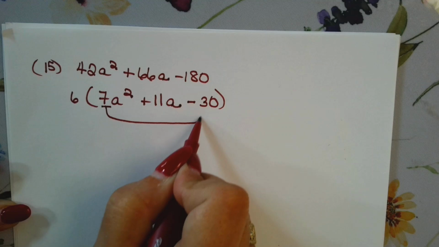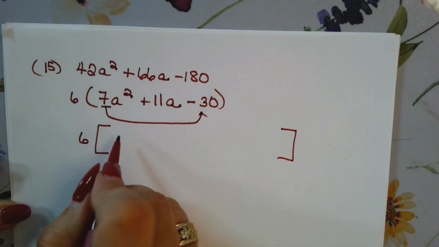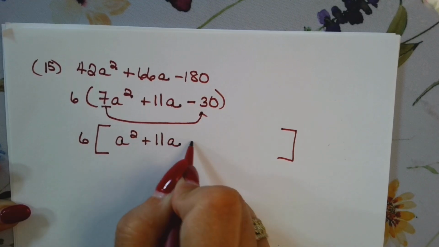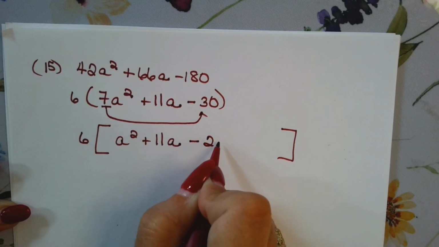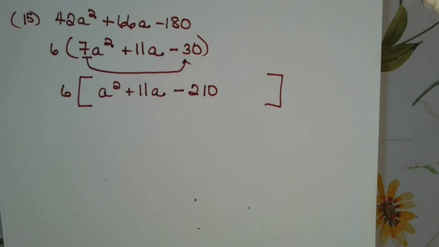So I'm going to multiply 7 times this. This will be 6 times a squared plus 11a minus 210.